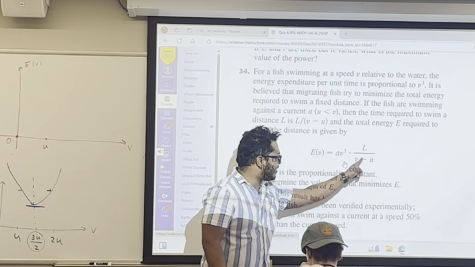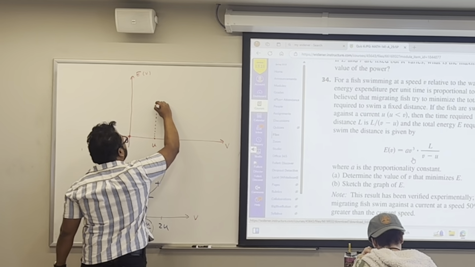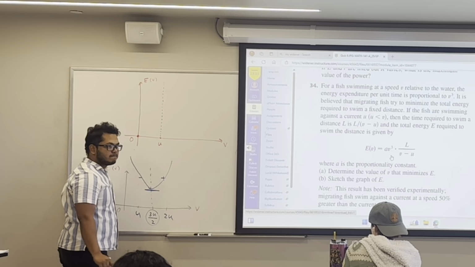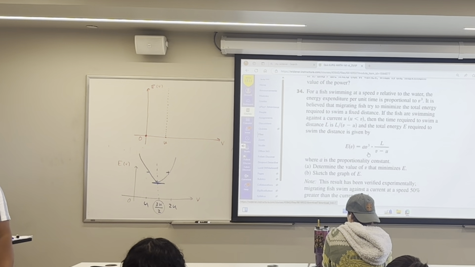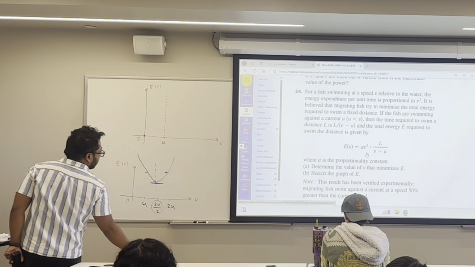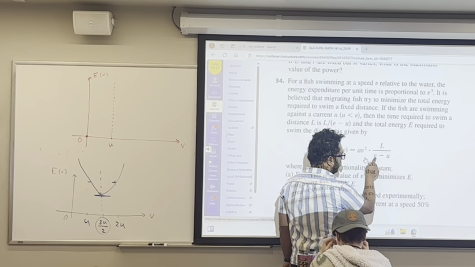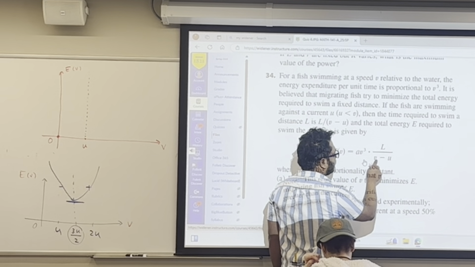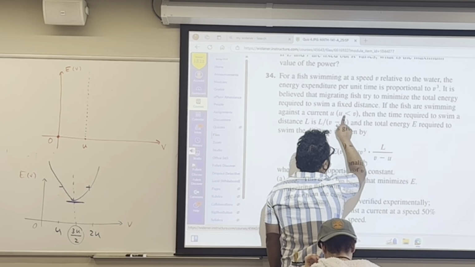It does not exist. That is like an asymptote. Everybody agree that when v and u are equal, we have asymptotes. It's a rational function. You learn rational functions in pre-calc, so you know the domain is always greater than u.